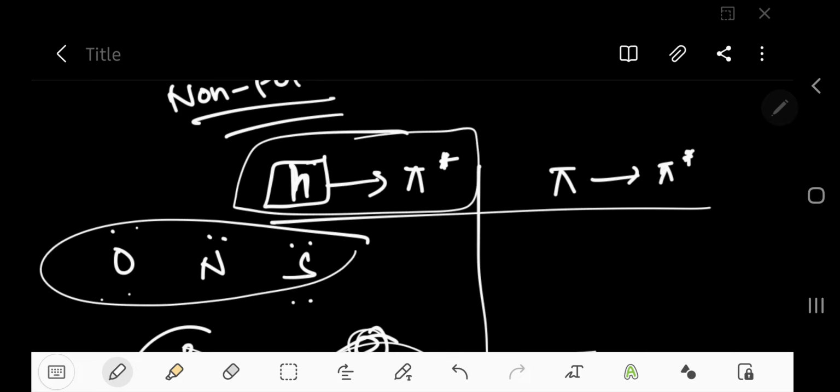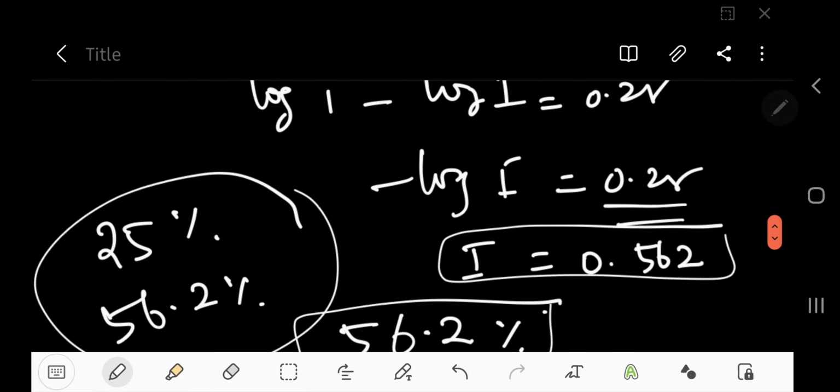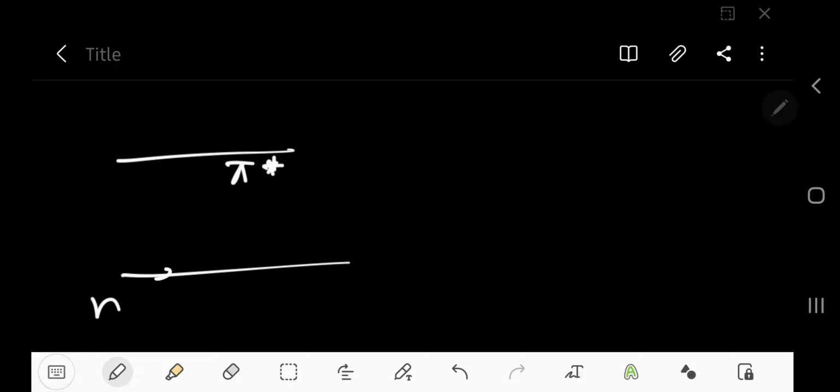As the ground level is highly stable in the normal condition, we need more energy to take the electron from the n to pi star, right. So in the case of n to pi star, this is n and this is pi star.